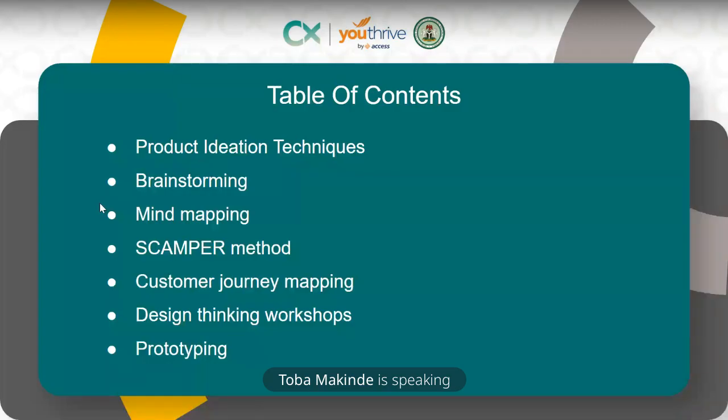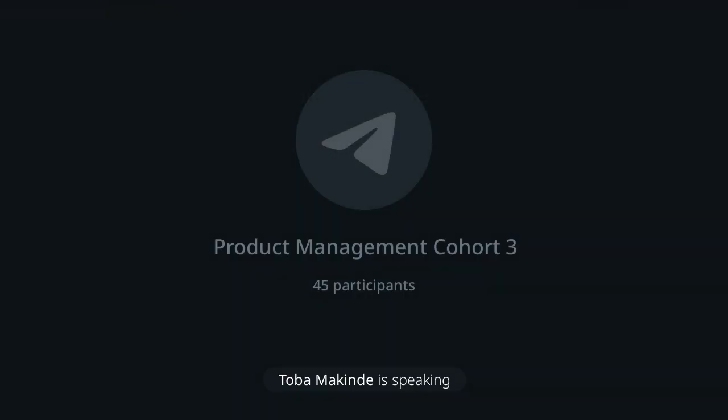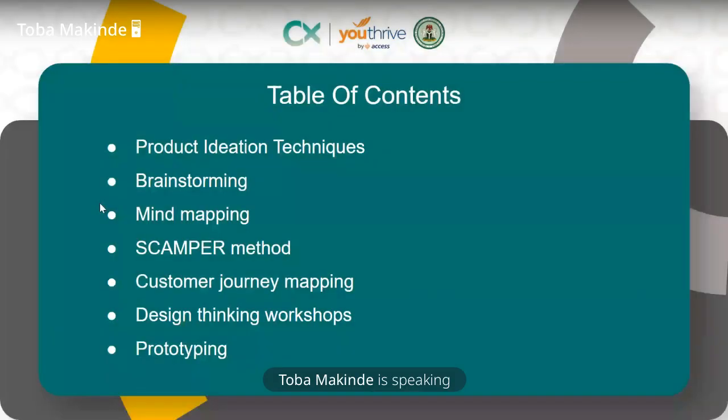All right, so after getting those problems, you need to come up with the best approach or solution that would help solve that problem, or ideas, workflows, optimizations and things like that, where you can leverage tech to solve such problems. One of the ideation techniques here is brainstorming. We have mind mapping.